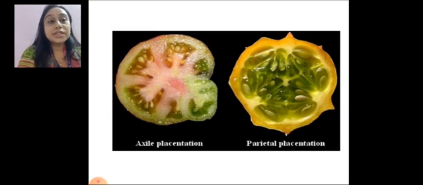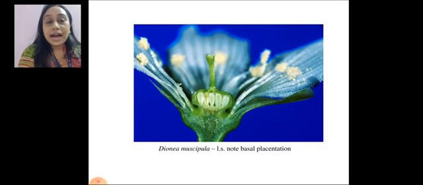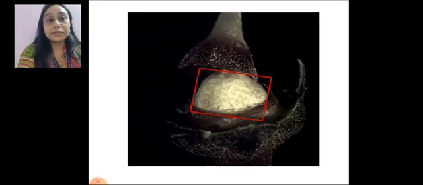Here you see how these seeds are actually the ovules. These ovules are sticking to the wall of the ovary, the wall of this cucumber fruit. Another kind of placentation is basal, where you can see how these ovules are connected to the base of this ovary.